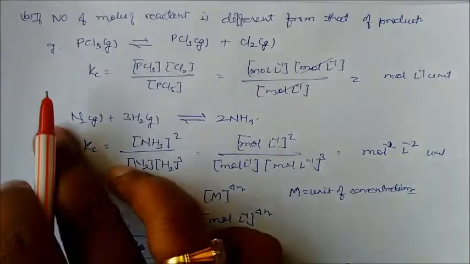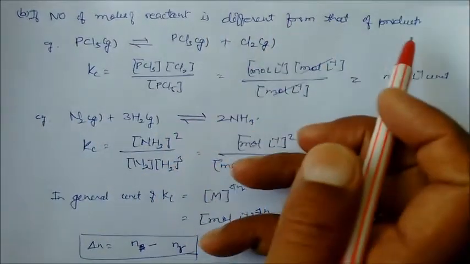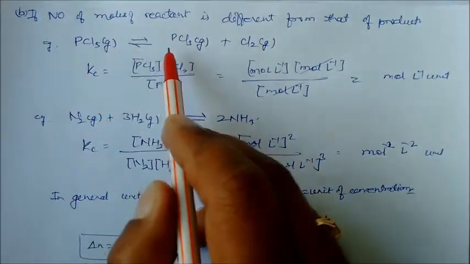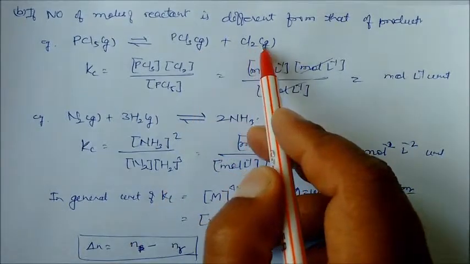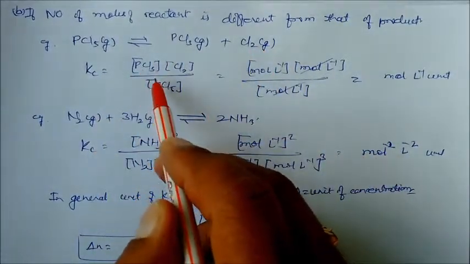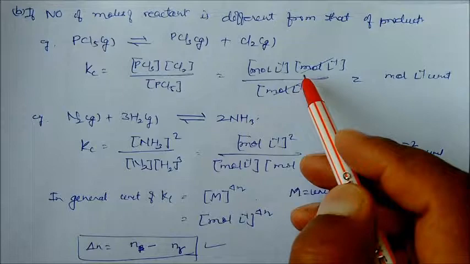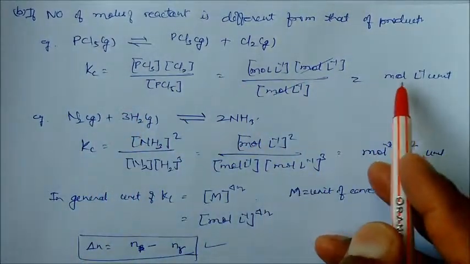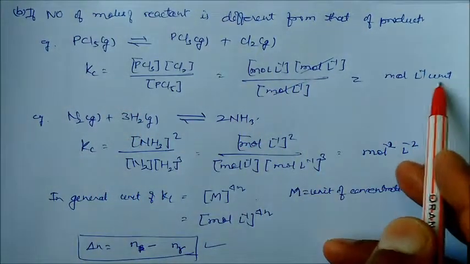But if the number of moles of reactant is different from that of product, for example PCl5 converting into PCl3 plus Cl2, here Kc is written with concentrations in mole per liter, and the units do not fully cancel. So the unit is mole per liter.